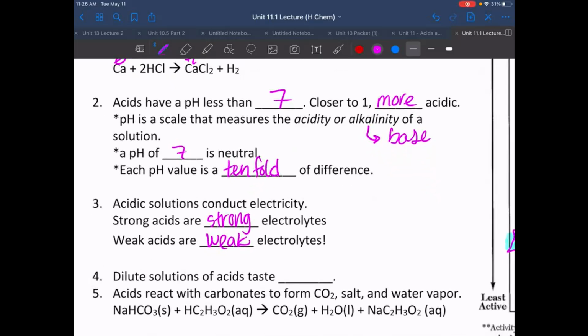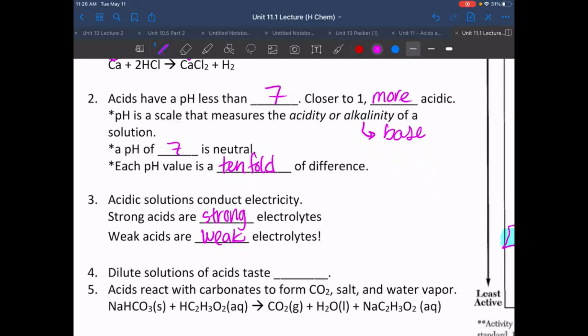One of my favorite fun facts is that solutions of acids are sour. So rest in peace to whoever figured that out for us. But we know this. Does anyone like salt and vinegar chips? Yeah, vinegar is just a dilute solution of acetic acid. So you're literally eating acid for enjoyment. So it's just funny that we figured this out and it's something that a lot of us like to enjoy.